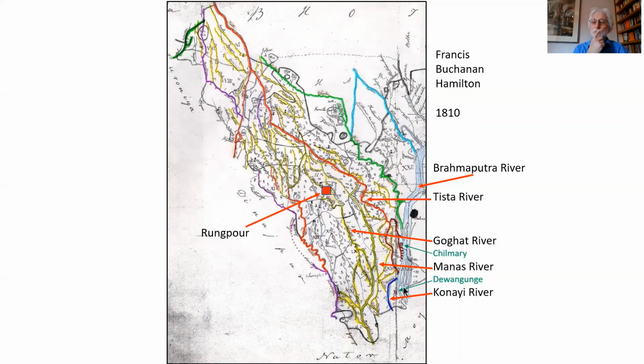In fact, the most important additional thing which Buchanan Hamilton has to tell us is that the Brahmaputra is now feeding a river which is actually shown in blue on this map. And I can read a quotation from him.